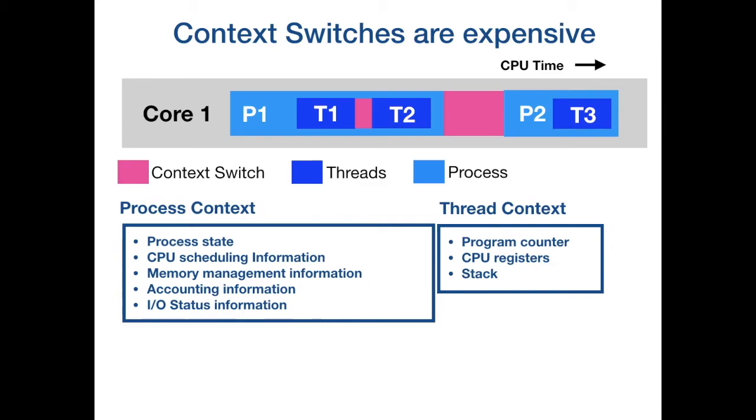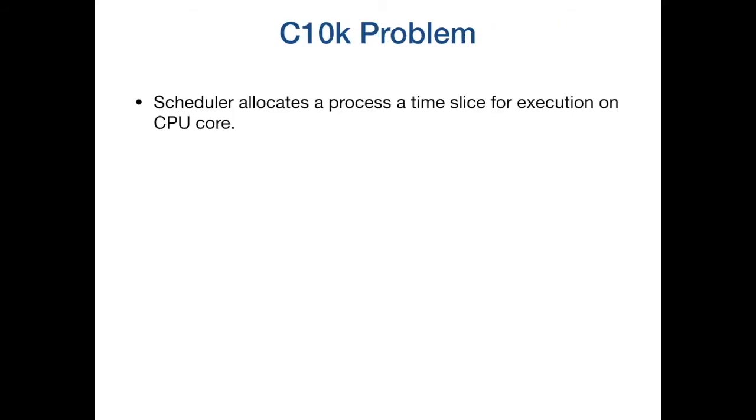So you may ask, can we scale the number of threads per process? Not much actually. If we scale the number of threads in a process too high, then we hit C10K problem. Let us see what is that. The scheduler allocates a time slice for each process to execute on CPU core.